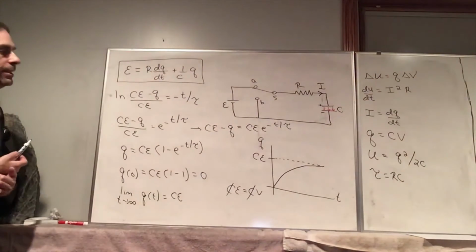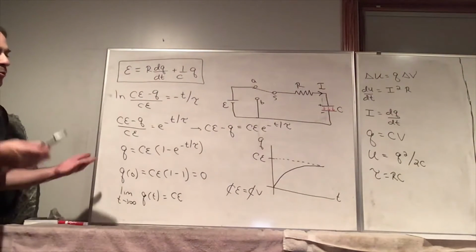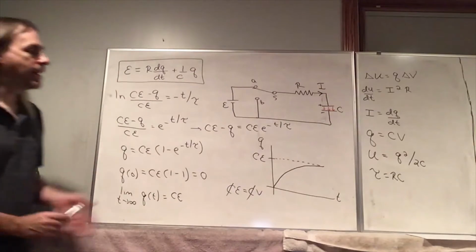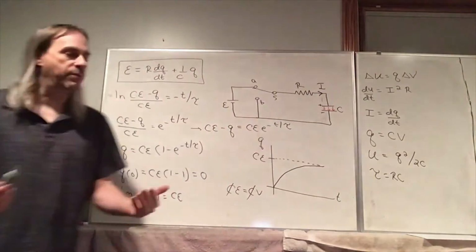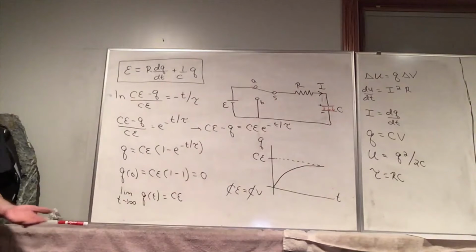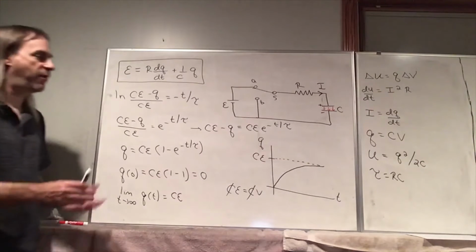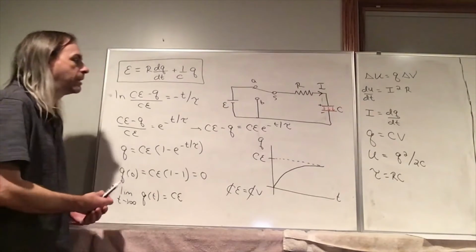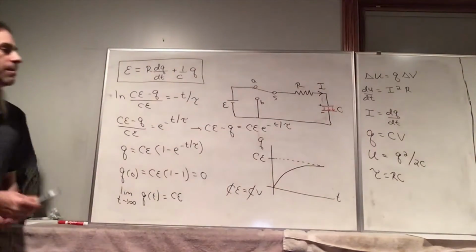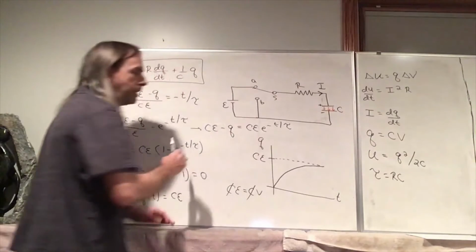And if that was not a time, then we would have e raised to the power of some unit, which just doesn't make any sense. You really can't have functions of things that have units like this. Well, you can have some, but certainly not something like this.